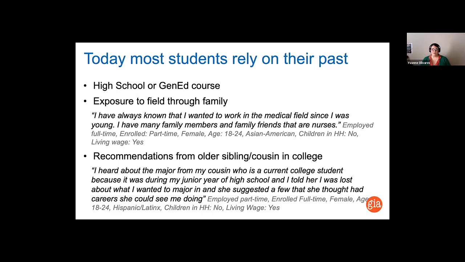Other students talked about the exposure to child services, making them want to go into social work. And all these things are well and good. Some students were lucky. For them, the world was a little bit bigger in that they had an older sibling or cousin who made a recommendation.